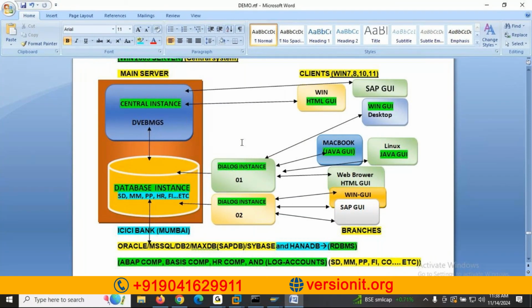They help in balancing the load of central instances.